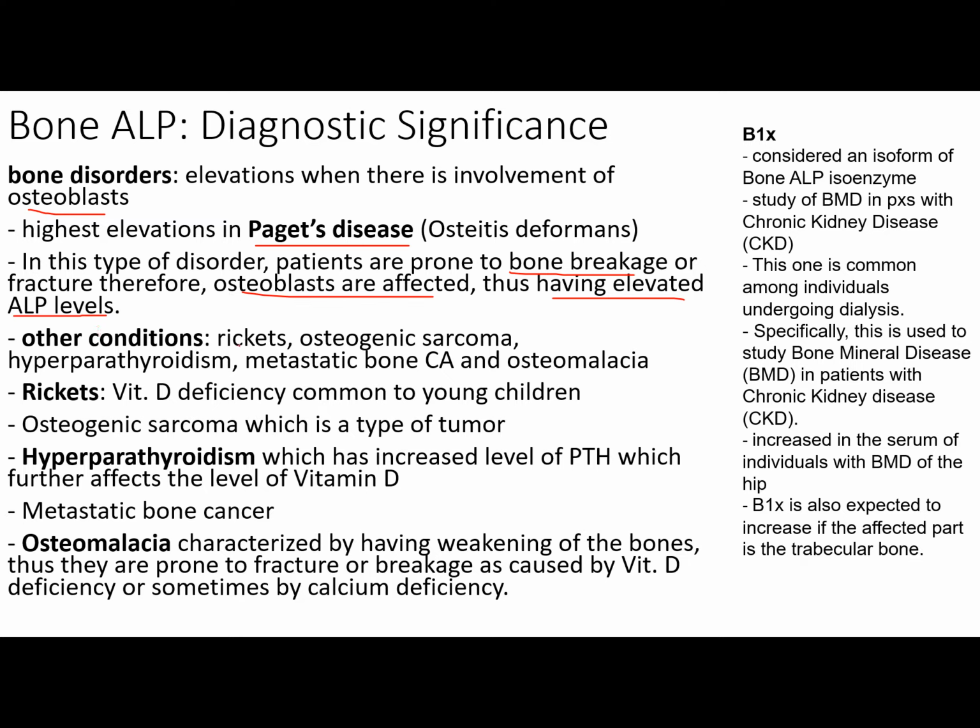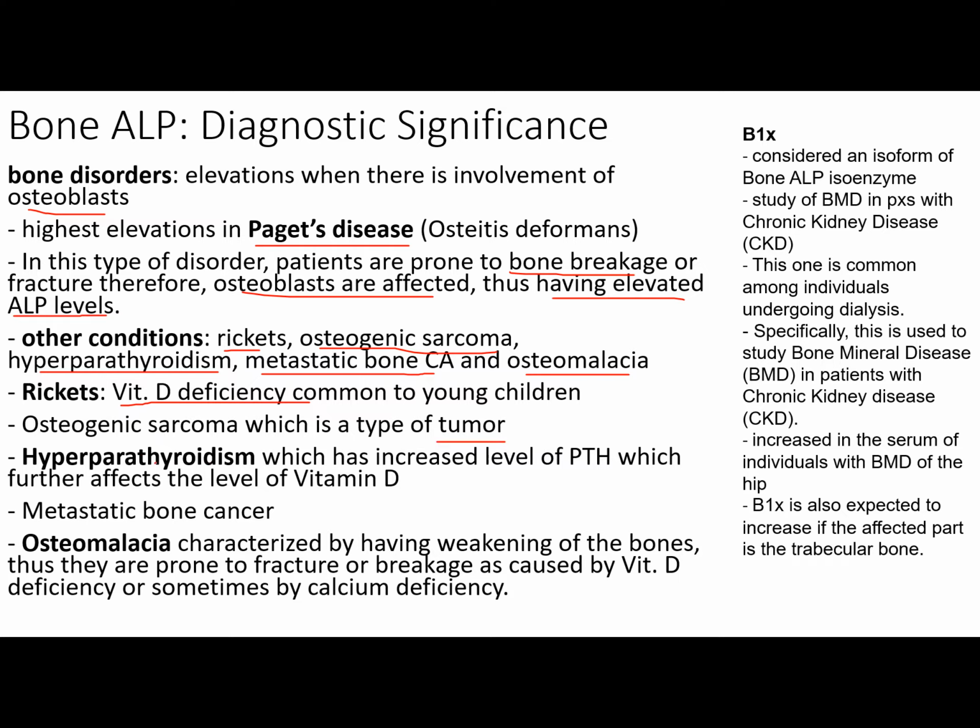Other conditions, class, would include rickets, osteogenic sarcoma, hyperparathyroidism, metastatic bone CA, and osteomalacia. So kapag rickets, class, diba, just a recap lang, you have vitamin D deficiency. Pag osteogenic sarcoma, this is a type of cancer or tumor.